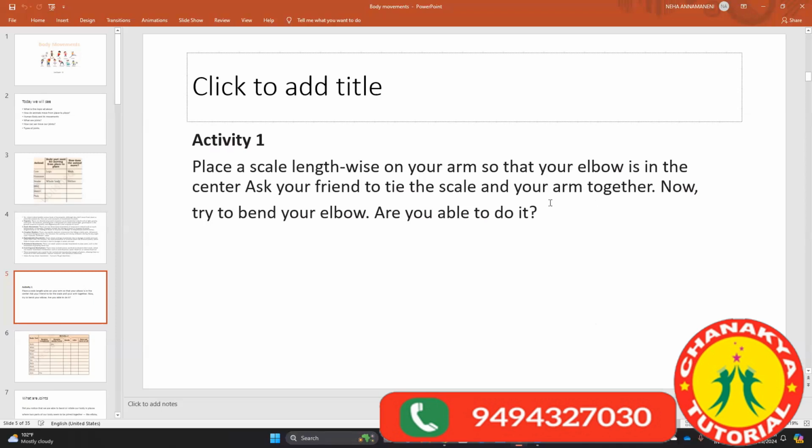After you tie it, can you bend your elbow? Can you imagine that, Adya? Whatever Neha is saying, just imagine. Can you bend your elbow when you're tied with a scale to your arm?